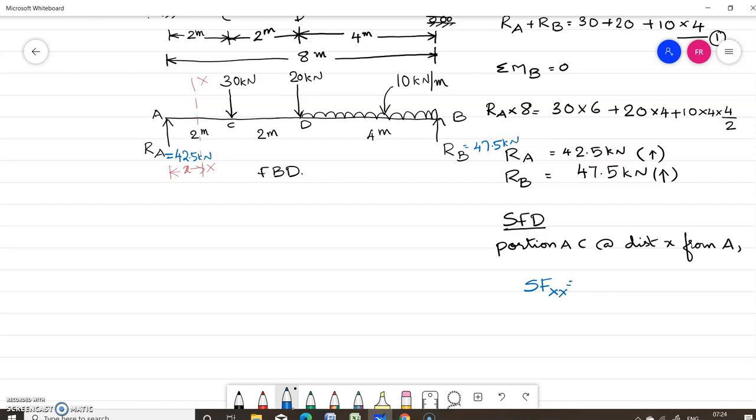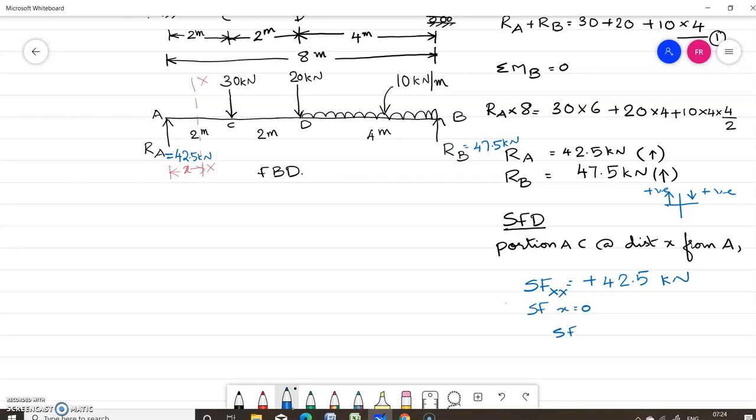So shear force at XX is equal to, now what is our sign concept? Our sign concept is right downwards is positive. So left upwards is also positive. So this is plus 42.5 kN, shear force at XX. Now we have to consider what is the shear force at x equal to 0.